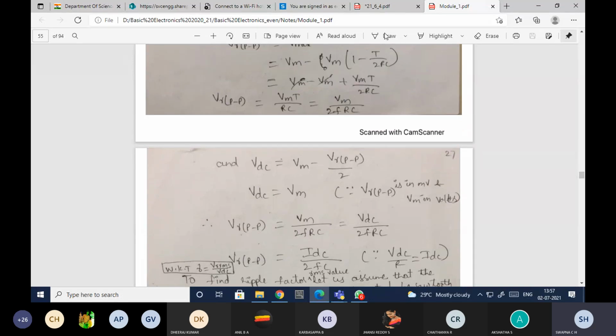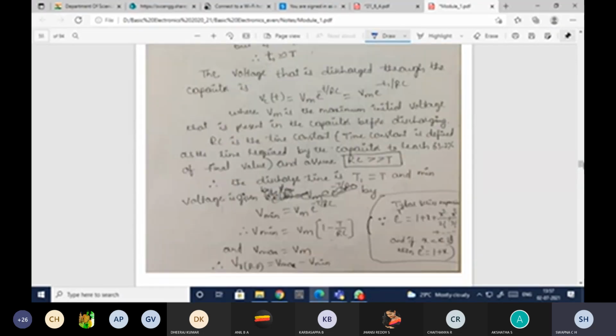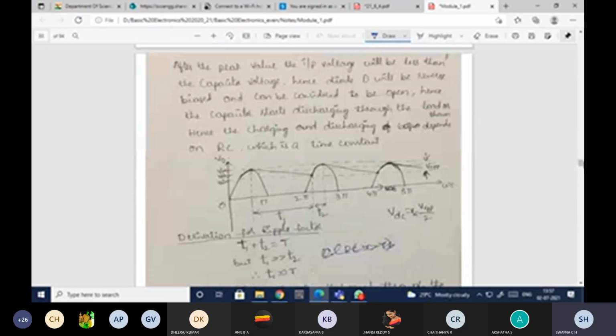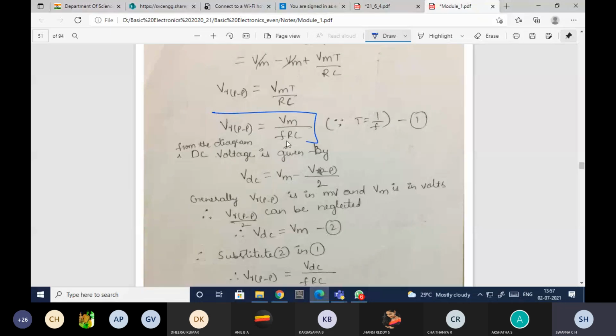So VR peak to peak I have got. This is for the full wave rectifier. Let me go with the half wave rectifier. VR peak to peak I have got.